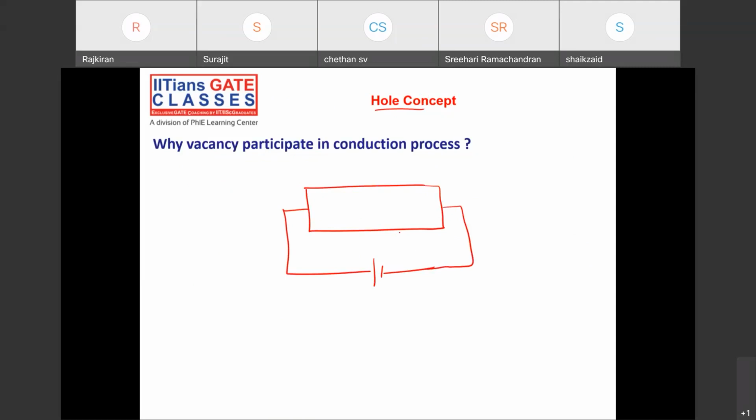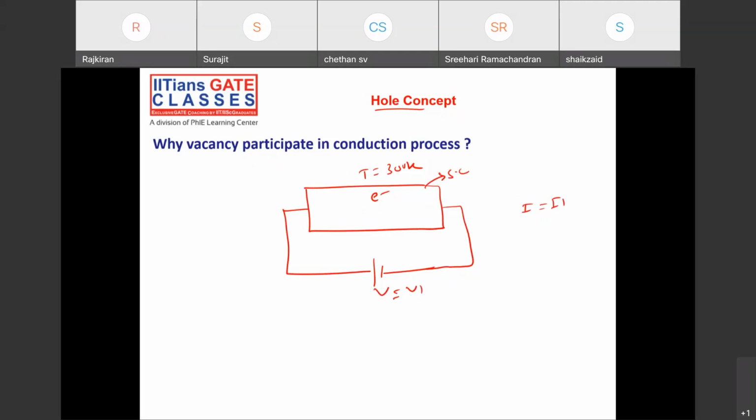You know the concentration of electrons in the semiconductor at T equal to 300 K. From that concentration you estimate the current should be I1 if the external voltage is V1. Knowing the electron concentration, I can know what the current should be.